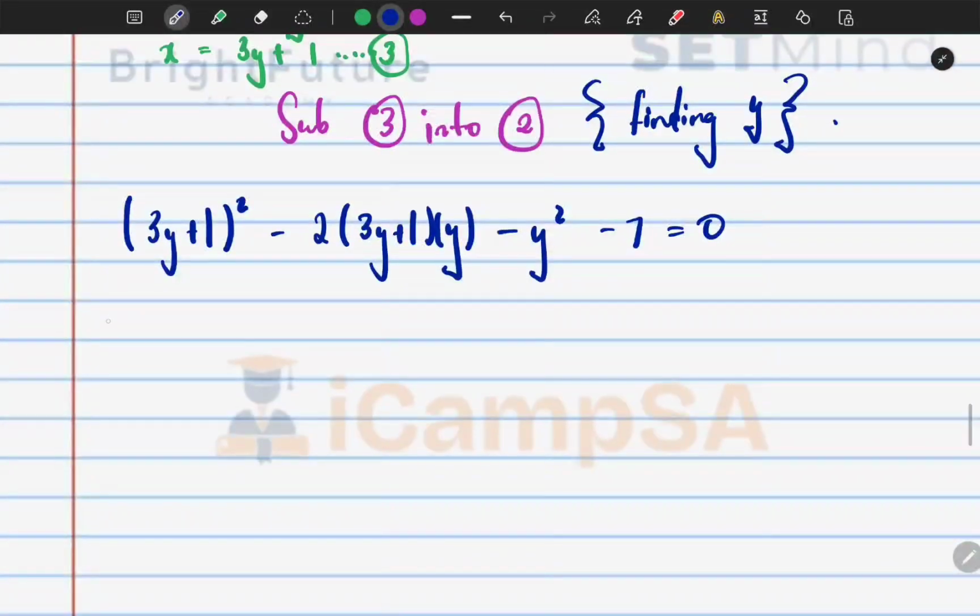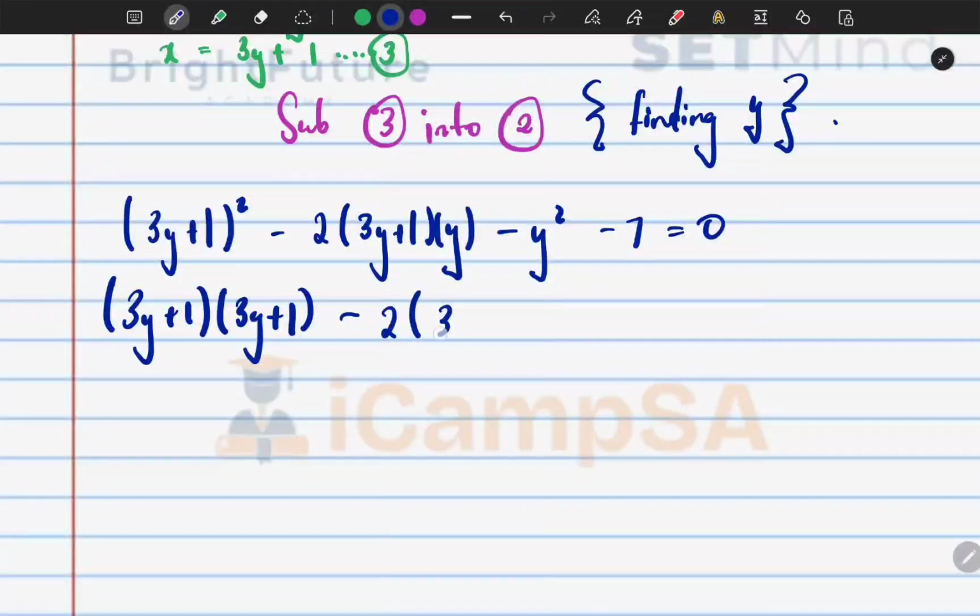So this is a difference of 2 squares. I can expand the brackets. 3y plus 1, 3y plus 1 minus, so I can solve this, and it's going to be 3y squared plus y minus y squared minus 7 equals to 0.